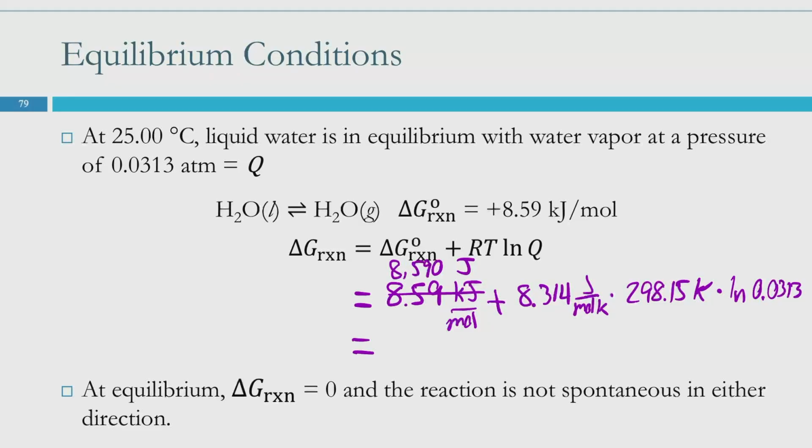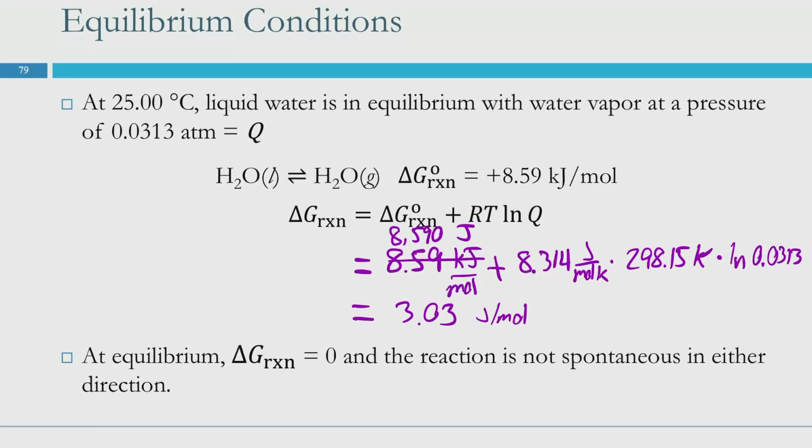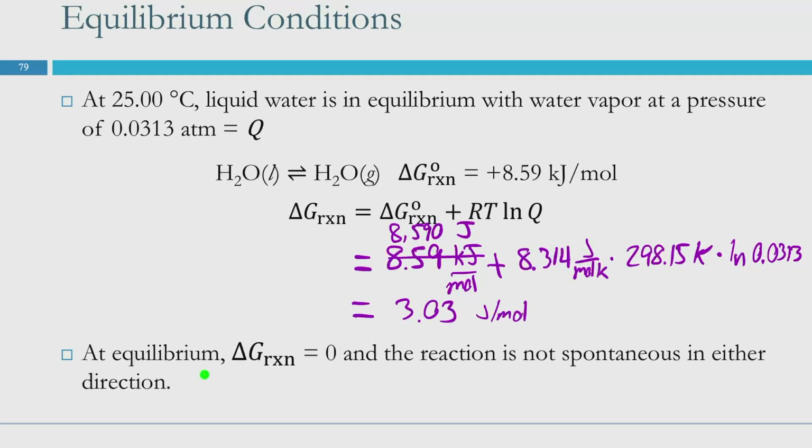I'm getting a value of 3.03 joules per mole. So that just might be a rounding error. Probably a rounding error since at equilibrium our delta G is equal to 0.